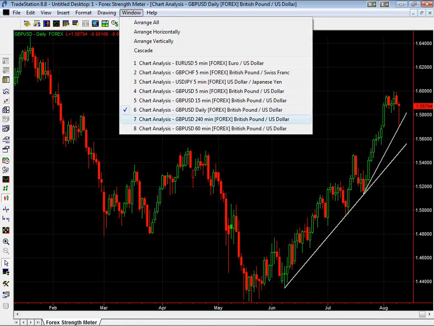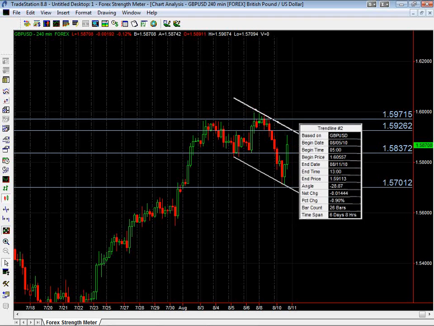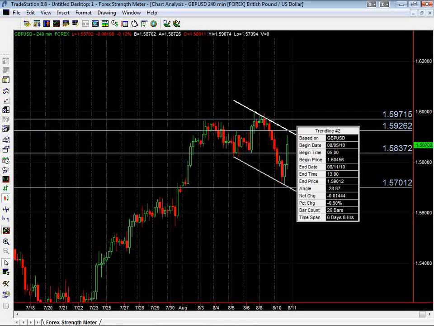I looked at the 4-hour chart. At the 4-hour chart, we see a topping formation. However, we have a potential channel formation. We have one low out here and another low out here. We have one high here, and I'm going to see whether the support line might hold true.